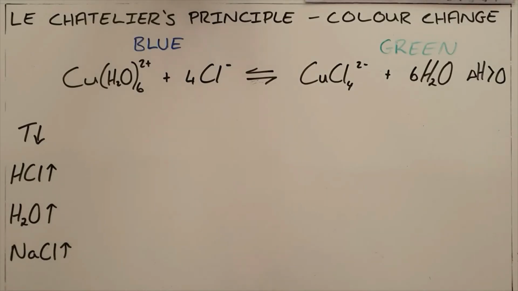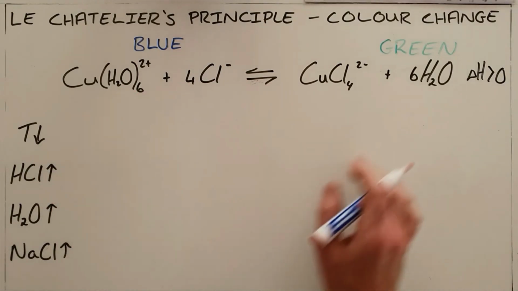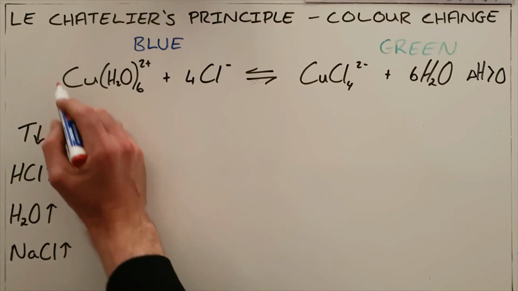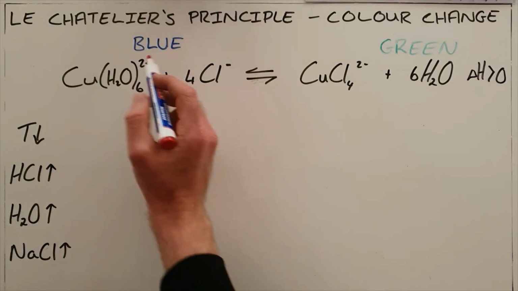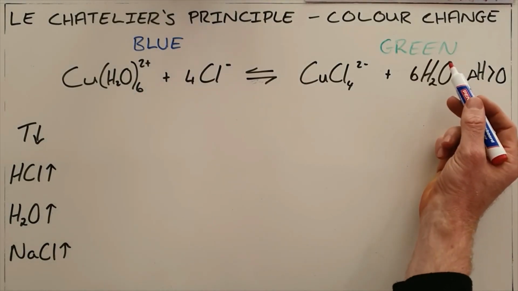In some instances, we refer to color change in equilibrium reactions as another way of evaluating how Le Chatelier's principle works. Essentially, what you are given is a fairly complicated equation, but to simplify it, you are told that the reagents, or in this case the reactants on this side, have a bluish color, and the products on this side have a greenish color.